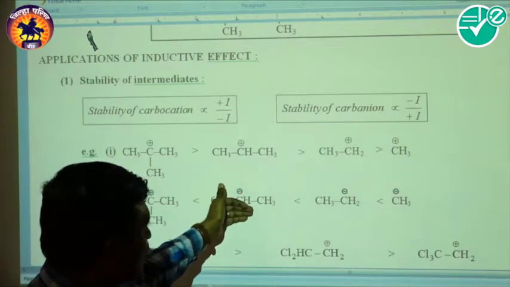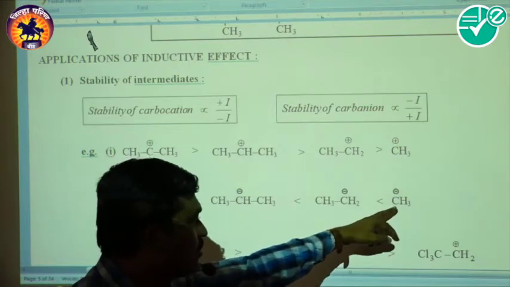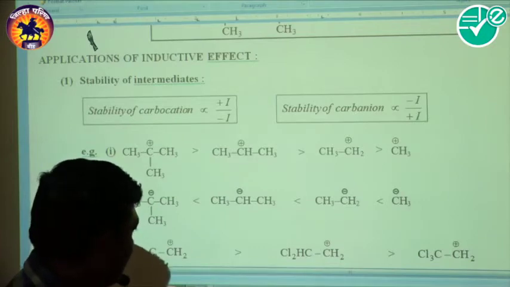The secondary carbanion is more unstable than this one, or here we say the methyl carbanion is the stable one.